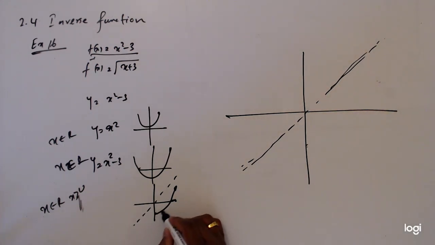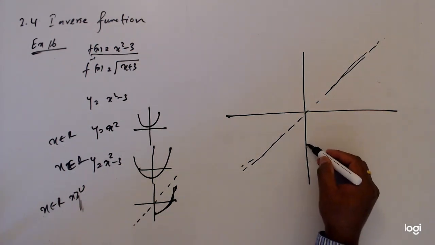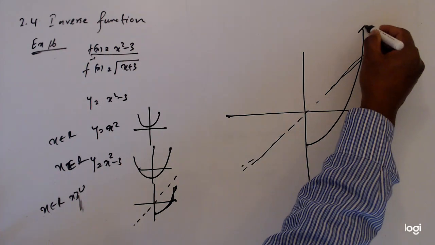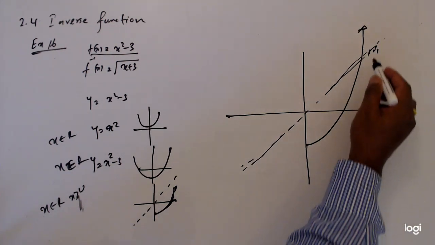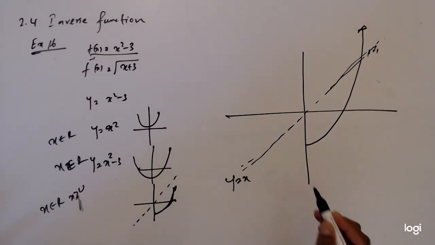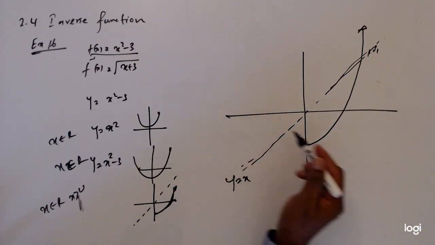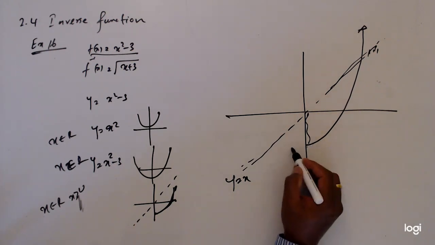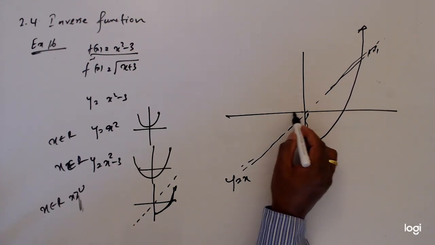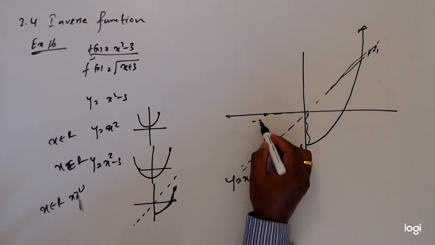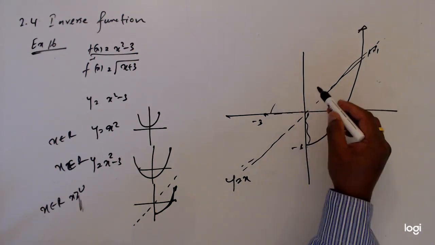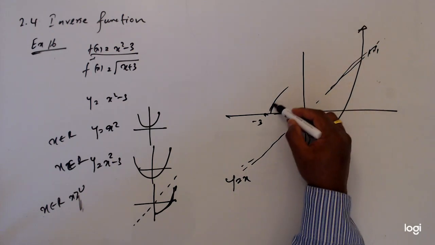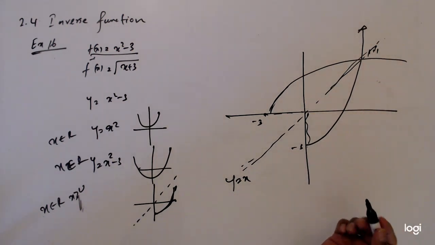So half of the quadratic graph is going like this, and this is the mirror reflection. If I keep y equal x as a mirror, it should be the mirror reflection. This distance is -3, then this distance also should be -3, something like this.